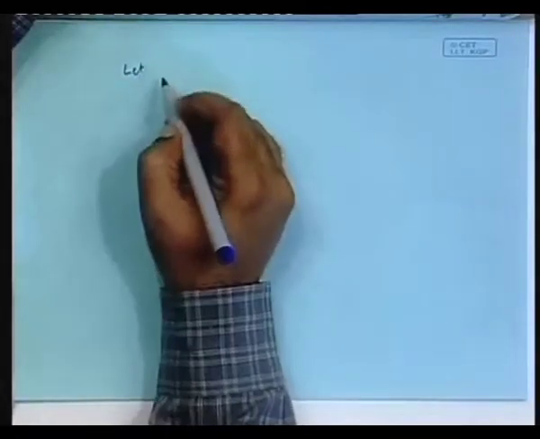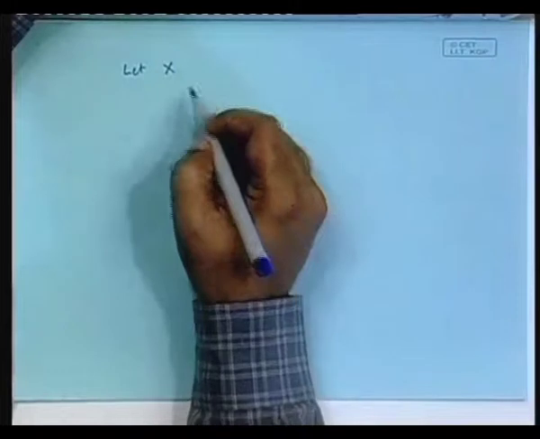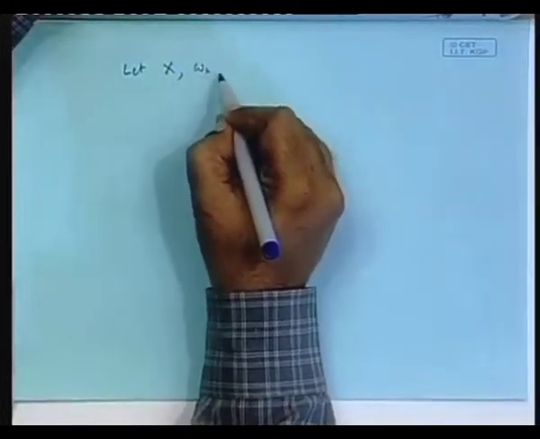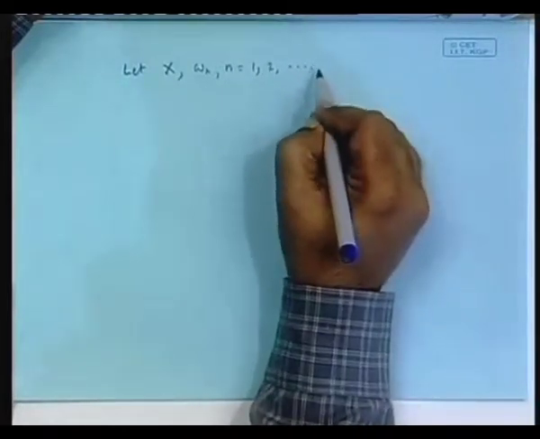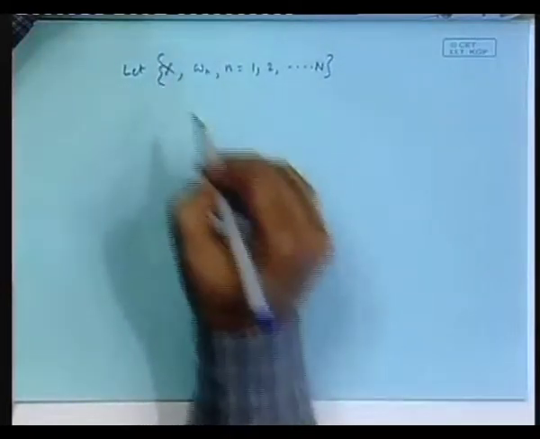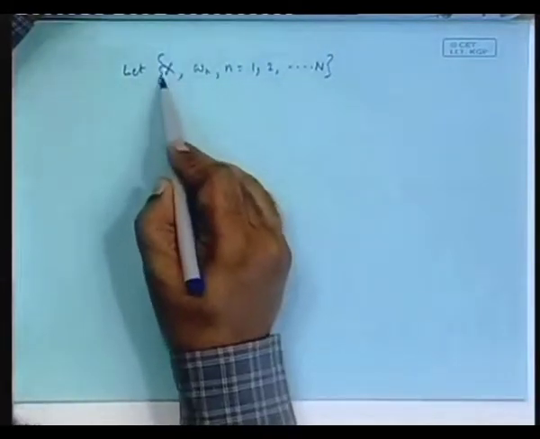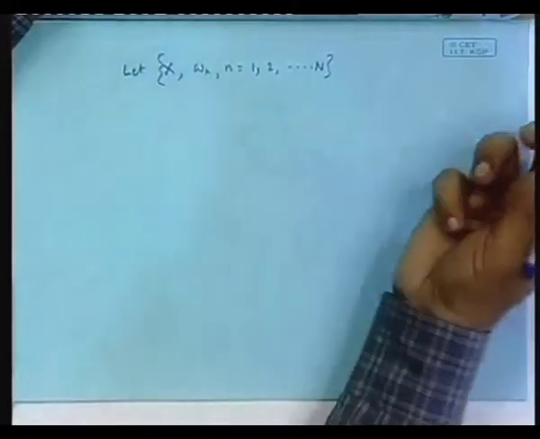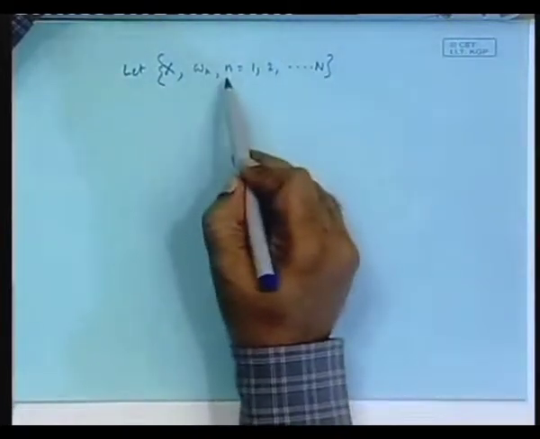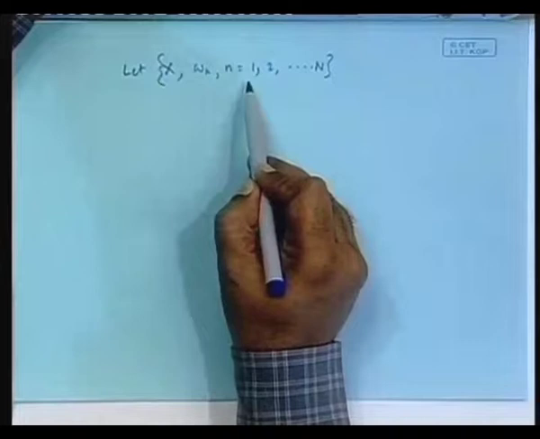Now, let us go to this theorem. Let again X be a set and Wn are the transformations defined, with various transformations W1, W2, W3, W4 and all that. These are the transformations.